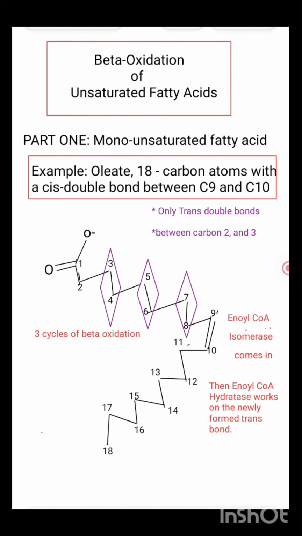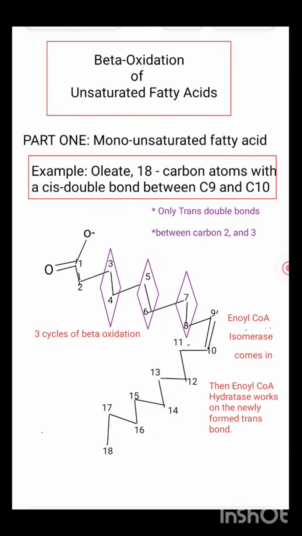Therefore, this demands that we bring in another enzyme that we never talked about in beta oxidation of saturated fatty acids, because we need help here. The enoyl-CoA hydratase will not be able to work on the cis double bond. And that's where enoyl-CoA isomerase comes in.